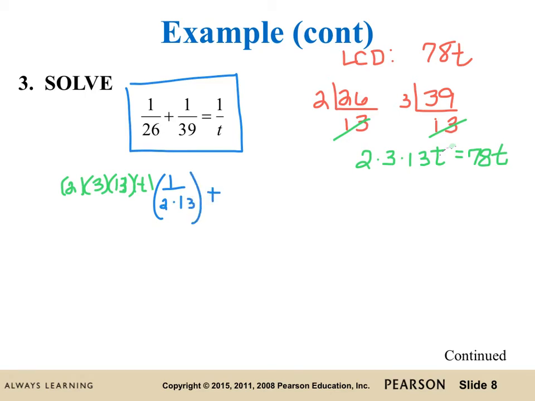Plus our same LCD again, 2 times 3 times 13 times t times 1 over 39, and 39 is 3 times 13.